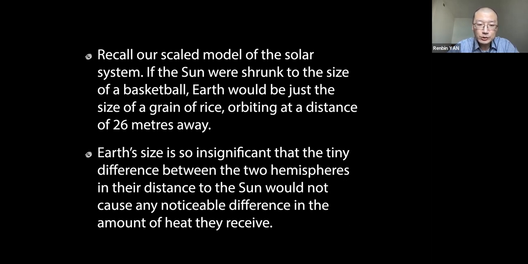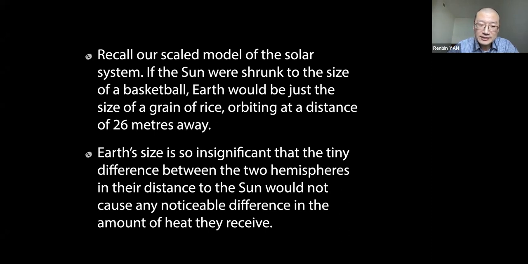The change is about 3%, and 3% of 26 meters is less than a meter, but already that is much bigger than the size of the grain of rice, right? So it is indeed causing a slight difference. The distance causes a slight difference, but it's actually not the dominant factor in changing the temperature on Earth. There are other factors that can give you a much larger change.